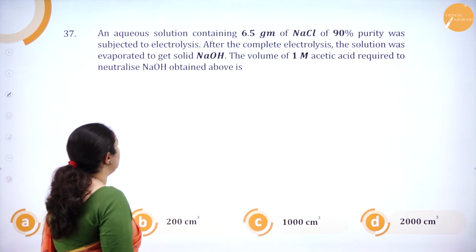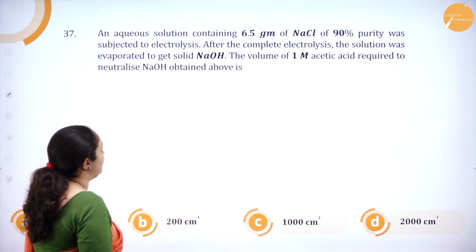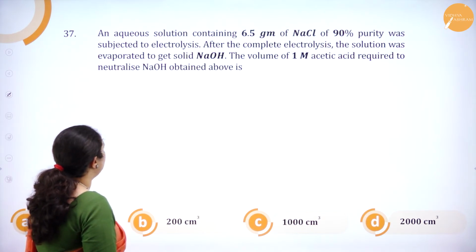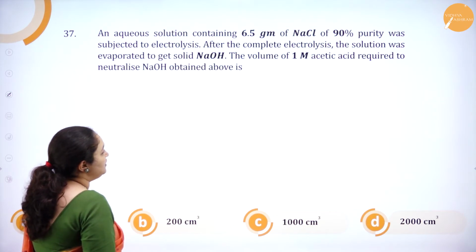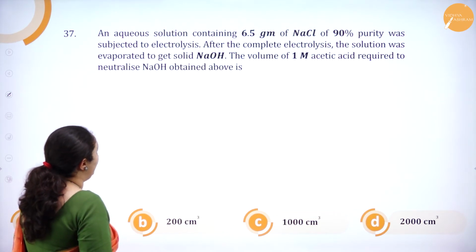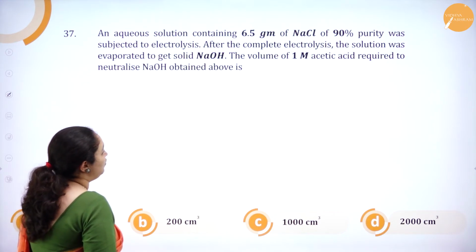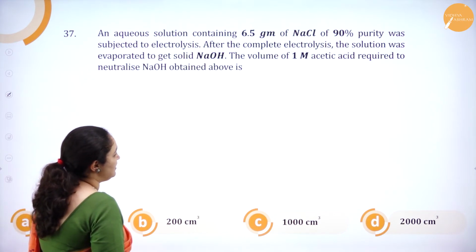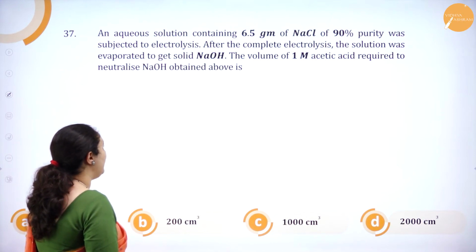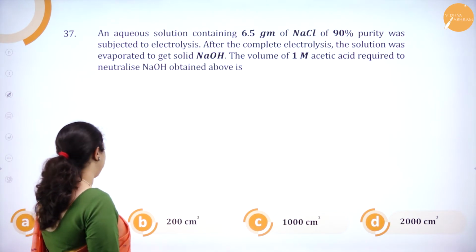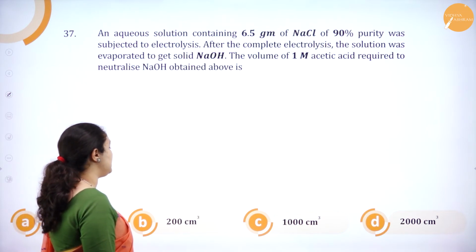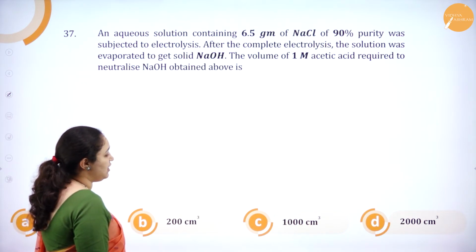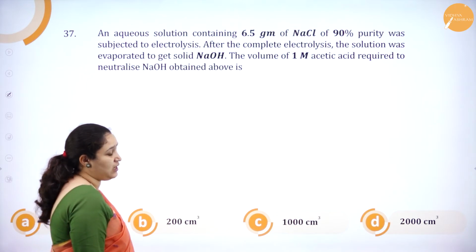An aqueous solution containing 6.5 grams of NaCl of 90% purity was subjected to electrolysis. After the complete electrolysis, the solution was evaporated to get solid NaOH and the volume of 1 molar acetic acid required to neutralize NaOH obtained above is option A 100 cm cube, option B 200 cm cube, option C 1000 cm cube, option D 2000 cm cube.